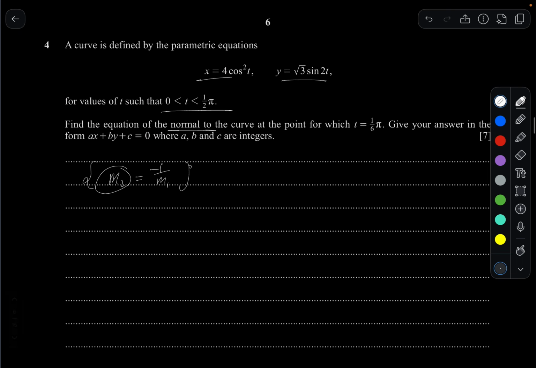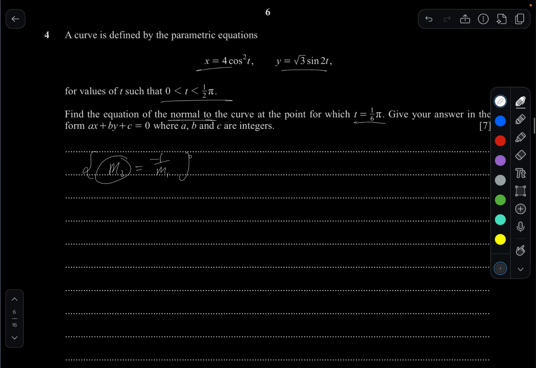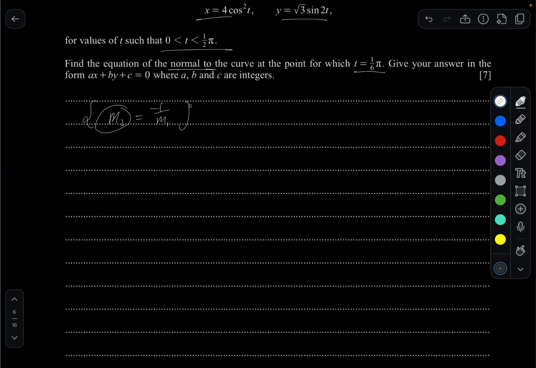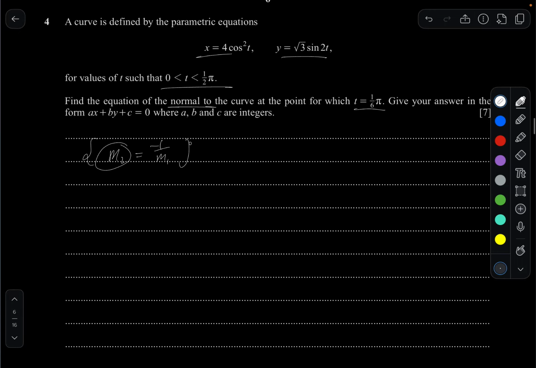And number 2, give your answer in this form. We must substitute this one as well because we're going to need that. So now, okay, how do we do this? Let's start with this part first.